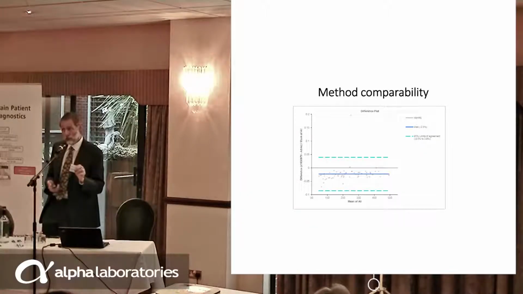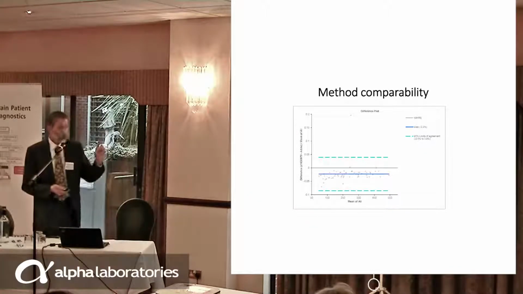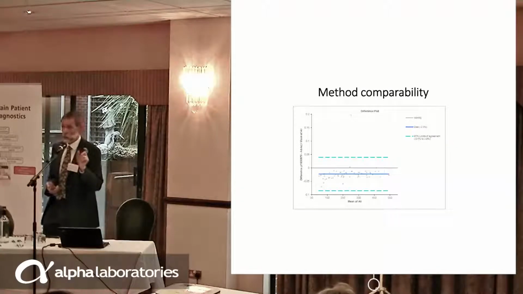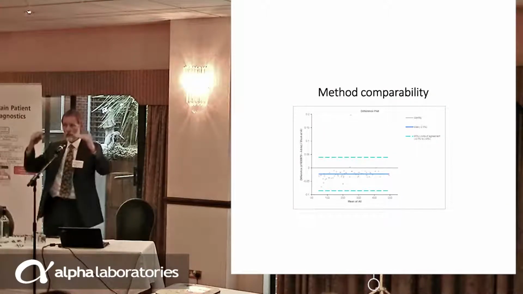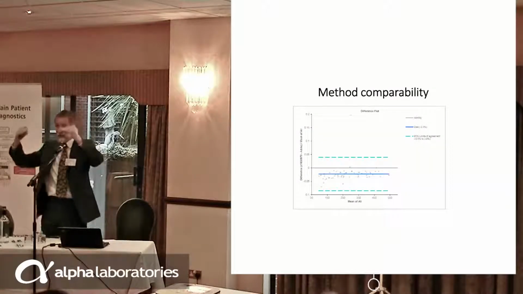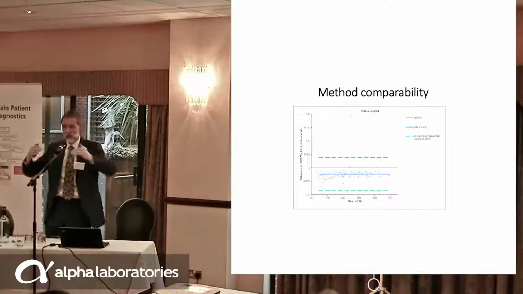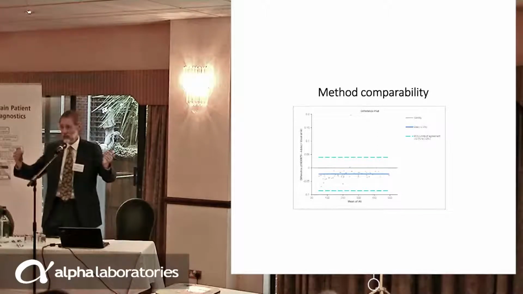And of course, the important thing to remember as well is that you shouldn't just run the patient comparisons on one day. If you just run, okay, I've run 50 samples today on my old method, I'm going to run 50 samples today, you haven't taken into consideration the normal variability that happens on a day-to-day basis, the things that you see when you look at your Levey-Jennings plot.